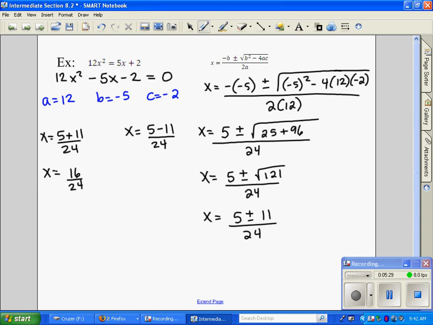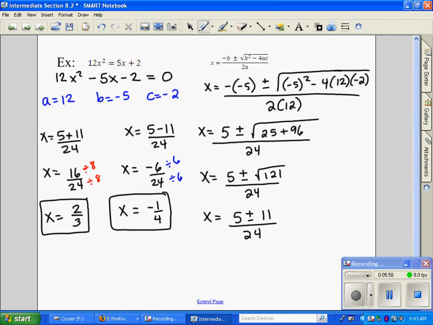Dividing 8 out of both of those, simplify by 8, and we're going to get 2/3. x equals 2/3. That's one solution. 5 minus 11 is negative 6 over 24. I'm going to divide by 6 and simplify this to get x equals negative 1/4.